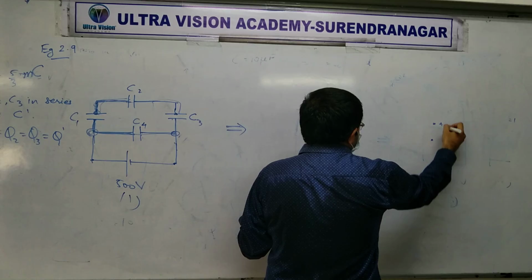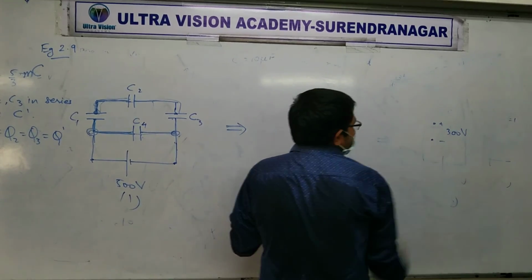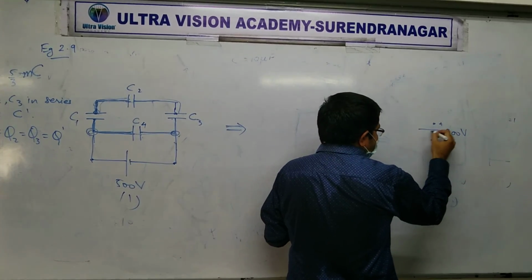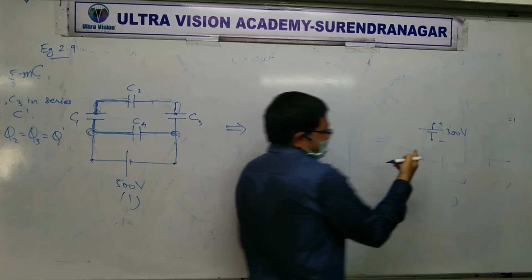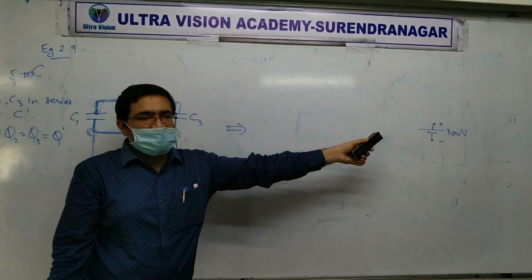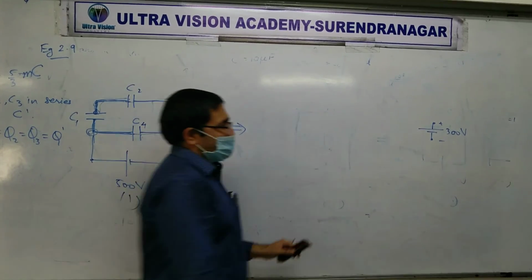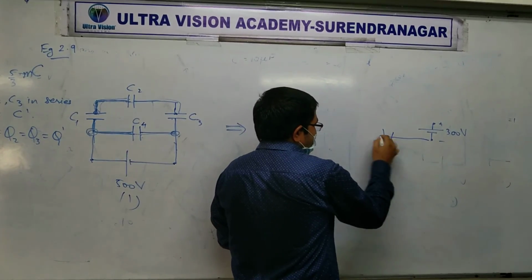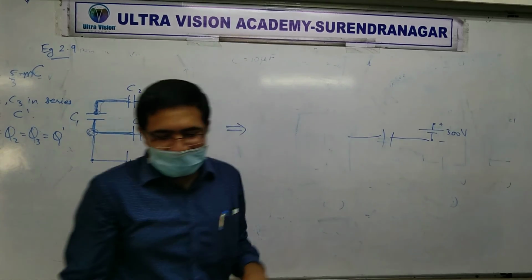Here plus and minus is written, that means battery is actually connected like this. Do you understand? હવે બાકીની સર્કિટ ડ્રો કરજો.